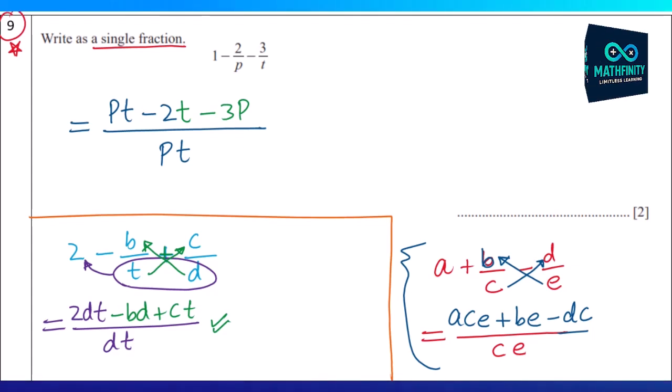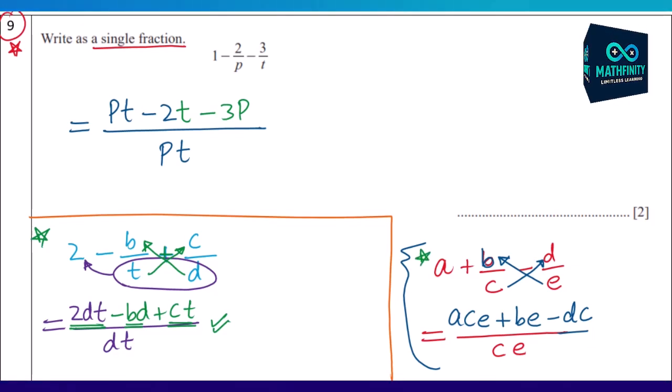Because we cannot add or subtract the numerators, all the terms are different, like 2dt, and then bd and ct are different. We cannot add or subtract them. Hopefully, guys, you understand this example, this one, and also the main question.